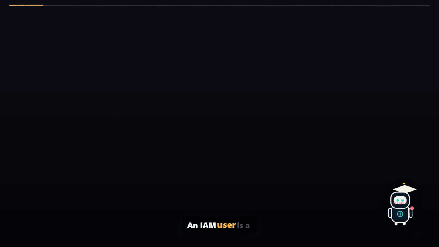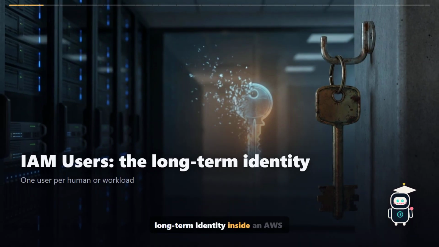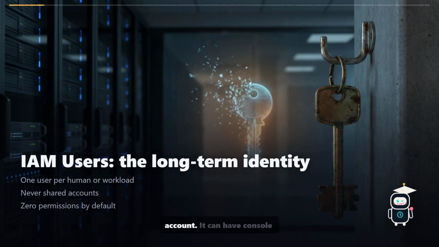An IAM user is a long-term identity inside an AWS account. It can have console credentials, programmatic access credentials, or both, depending on how it's configured. But here's an important modern AWS security lesson. Just because IAM users exist doesn't mean you should create one for every employee or application.